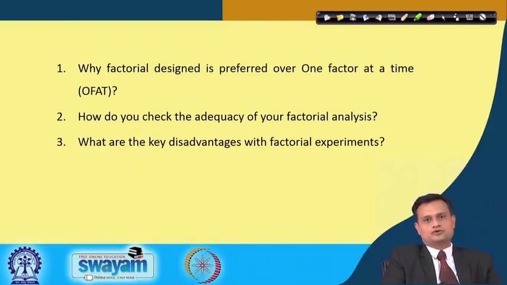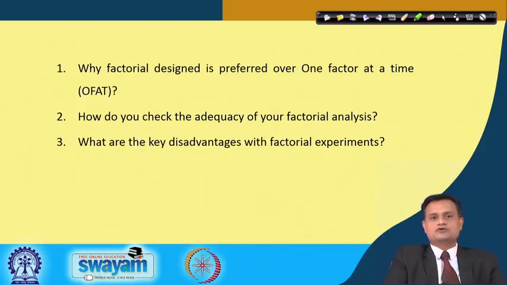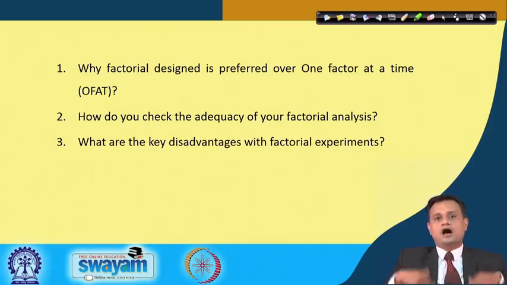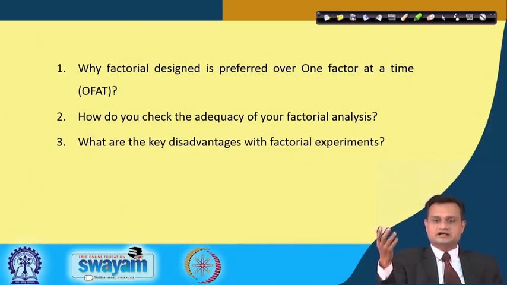So please try to go through the concepts covered in this particular lecture, and this will really help you to understand the concept of factorial design and how it helps us to analyze the factors simultaneously, consider the interaction effect, and basically it is all about revealing more information about the factors and their interaction effects so that I can design my processes and products with greater accuracy, and that can help me to have a robust product and design when it will be delivered to the customer.